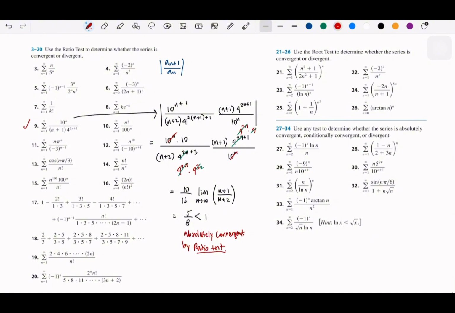For some expansions like this, it means that you need to rewrite the series, and then do that, and then find whether L is less than 1, greater than 1, or equal to 1.